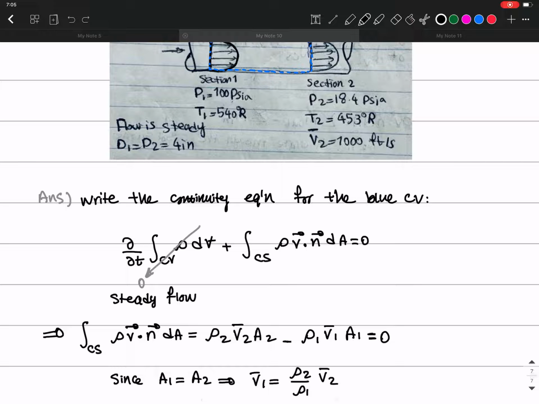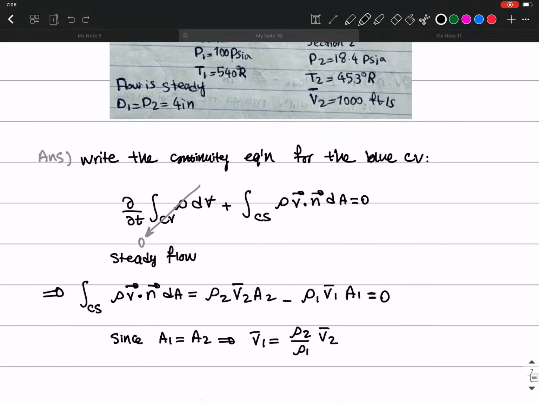And what does this remind you of when you have pressure and temperature in a gas? Think about it a little bit. Yeah, it should remind us of the ideal gas law, right?